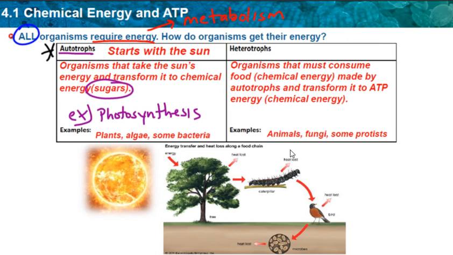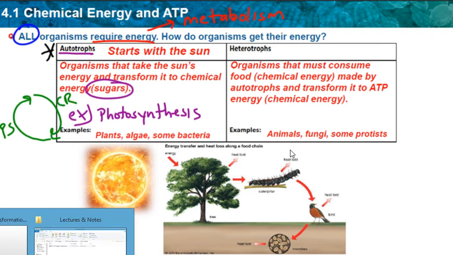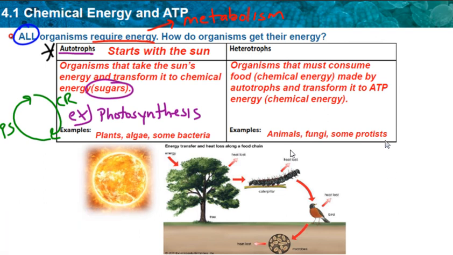They set the stage. Now, a key thing to remember is your autotrophs, if we're talking about plants, are going to go through photosynthesis, and they're also going to go through cellular respiration. They go through the entire cycle. Build up the sugar, break it down. Heterotrophs only go through the respiration part.